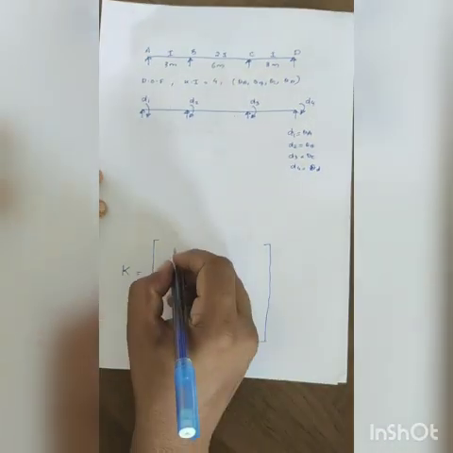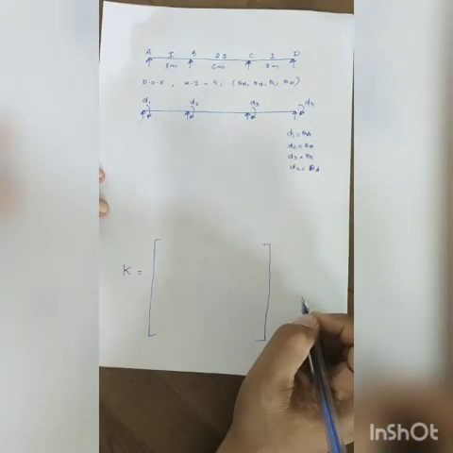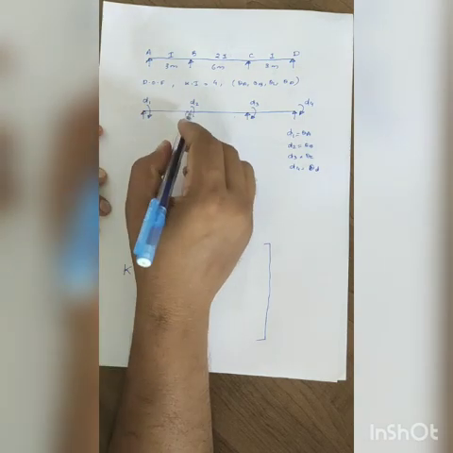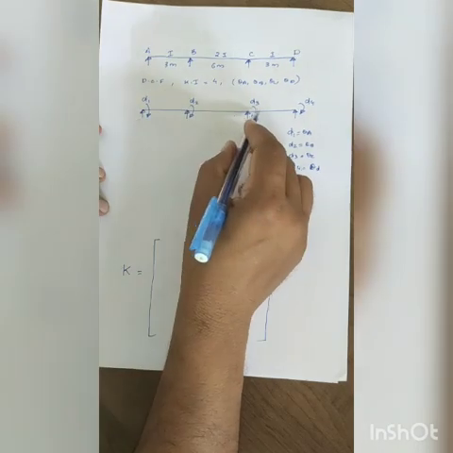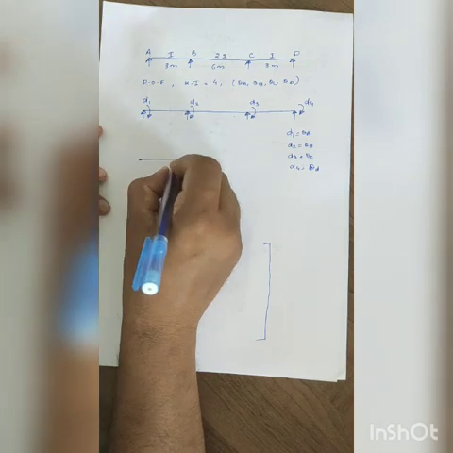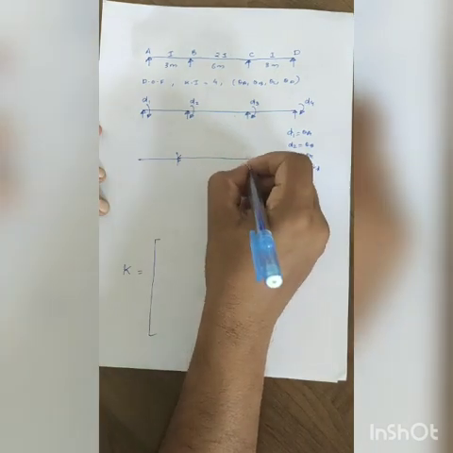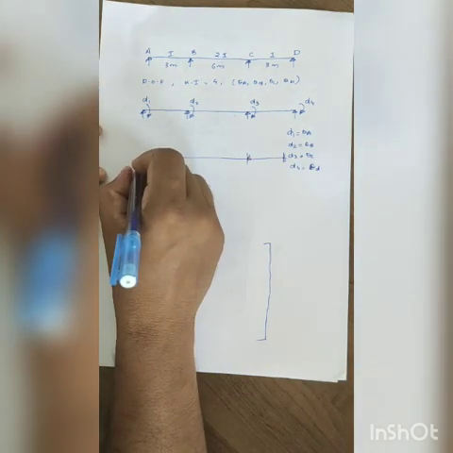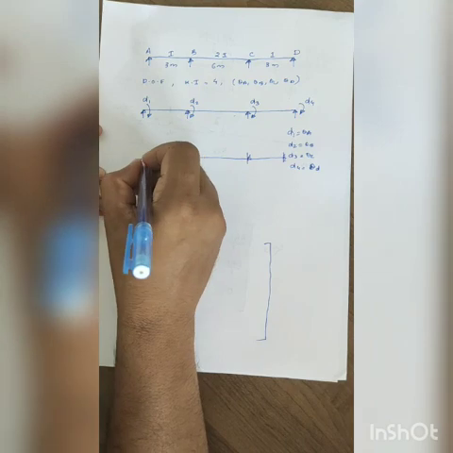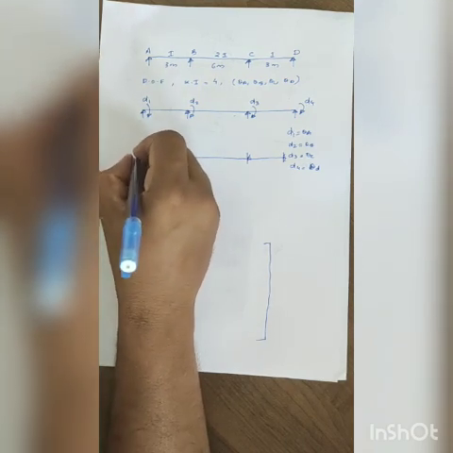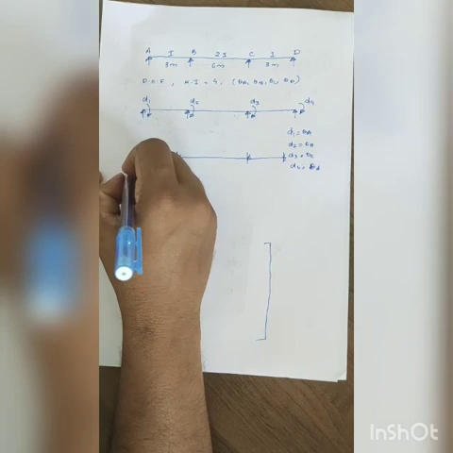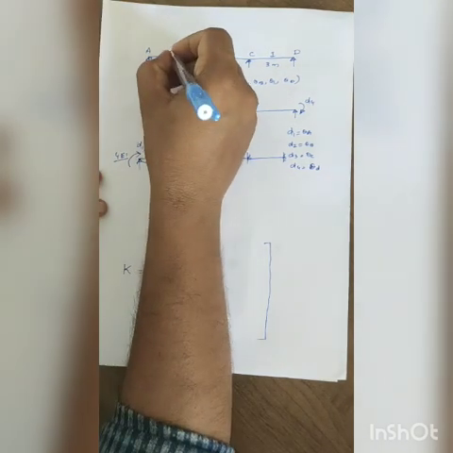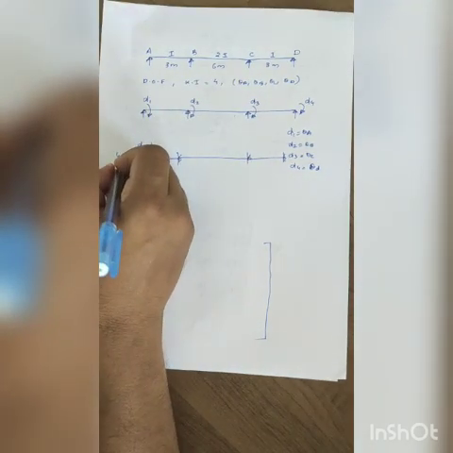Now we have to fill the columns one by one. The procedure is to first apply a unit rotation at D1 and find out the moments at 1, 2, 3 and 4. I am fixing all other ends, and I am applying a unit rotation at D1. Suppose D1 is equal to 1, the moment generated is clockwise, and that is 4 EI by L, since L is 3 meters, 4 EI by 3.